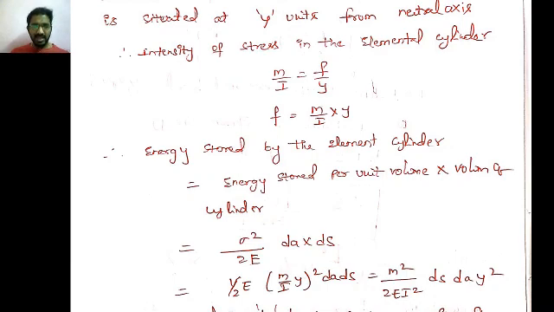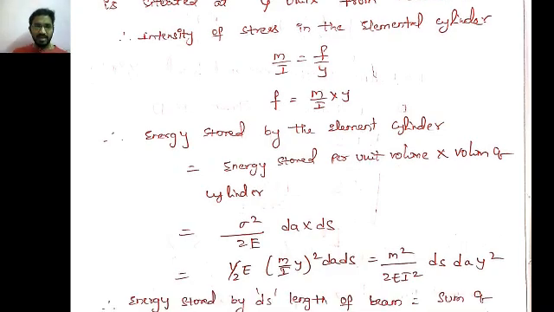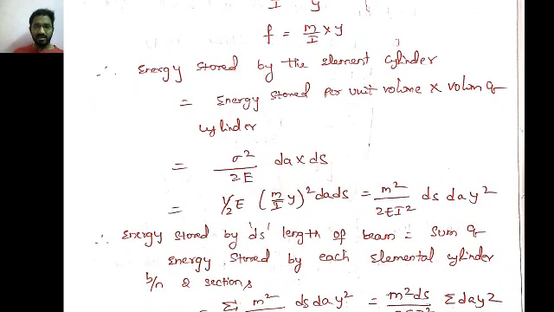Here the elemental area is dA and the length of the element is ds. So the energy is sigma square by 2E into dA into ds. Sigma and F both stand for stress, so both are equal. Substituting sigma as M by I into Y, my formula becomes M square by 2EI square into ds dA Y square. Finally I got this formula.